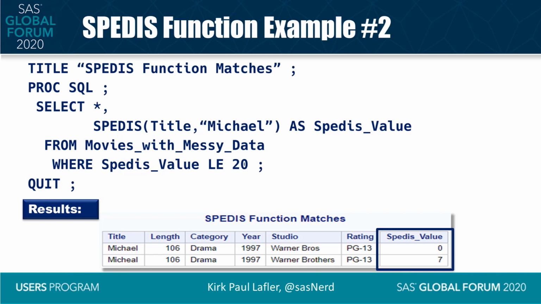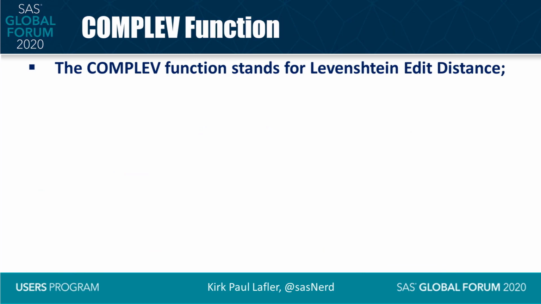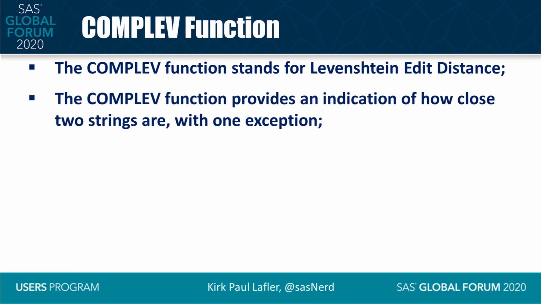The next function we're going to look at in the fuzzy matching area is CompLev. CompLev stands for Levenshtein edit distance. The CompLev function provides an indication on how close two strings are, with one exception.